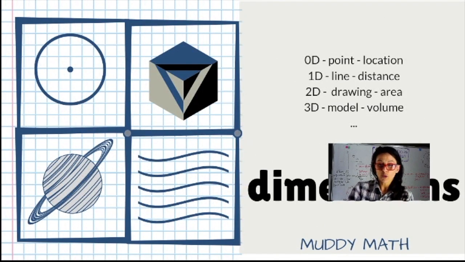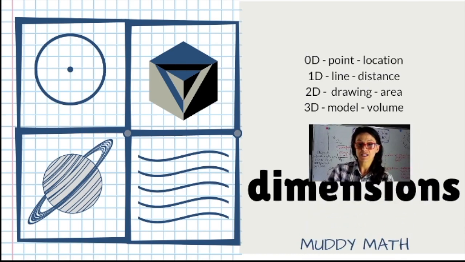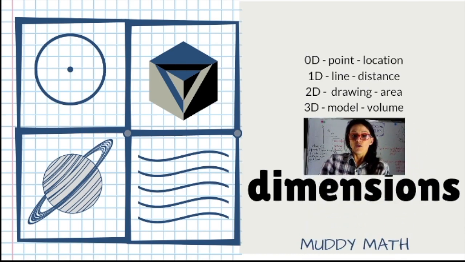I want to speak quickly about dimensions. The reason I talk about dimensions is because we use all of these ways of describing the world around us in the four different dimensions that we have here on Earth. So 0 dimensions is a point or a location, and it's important for circles because that center point helps us determine where to measure the radius from and the diameter from.